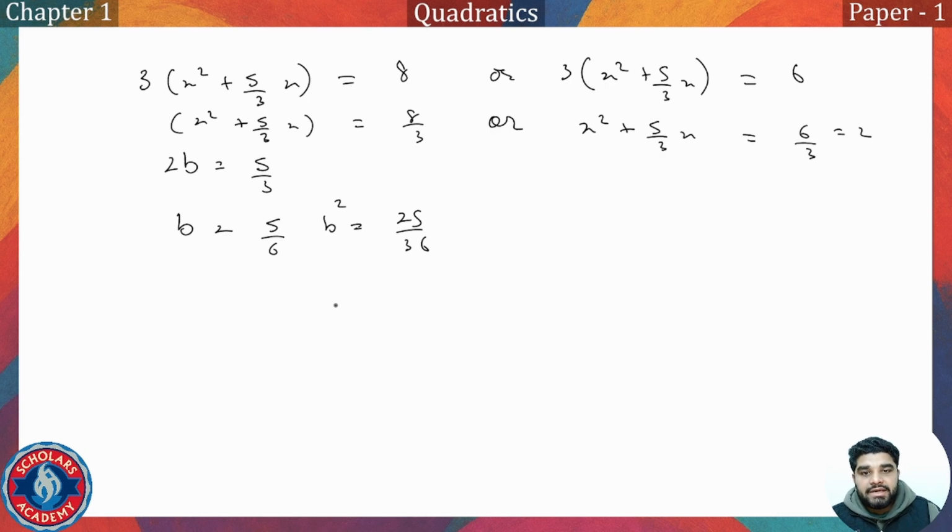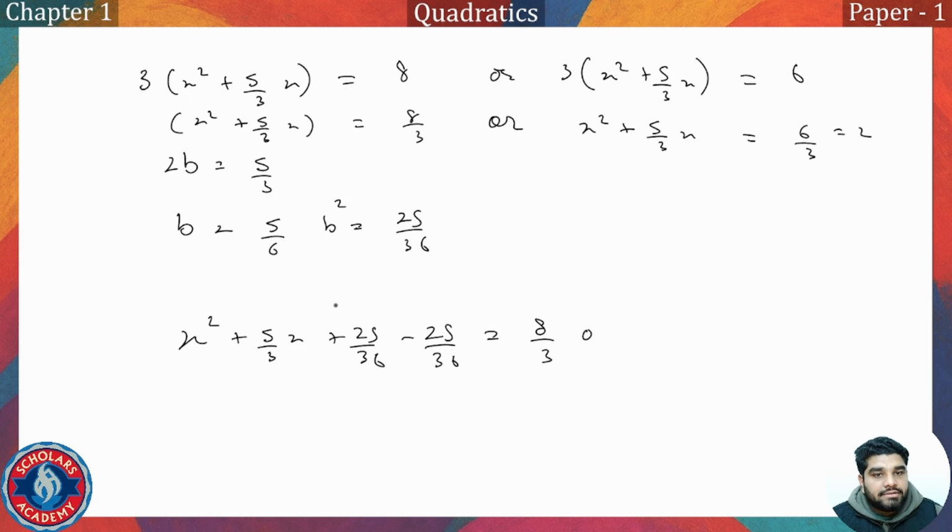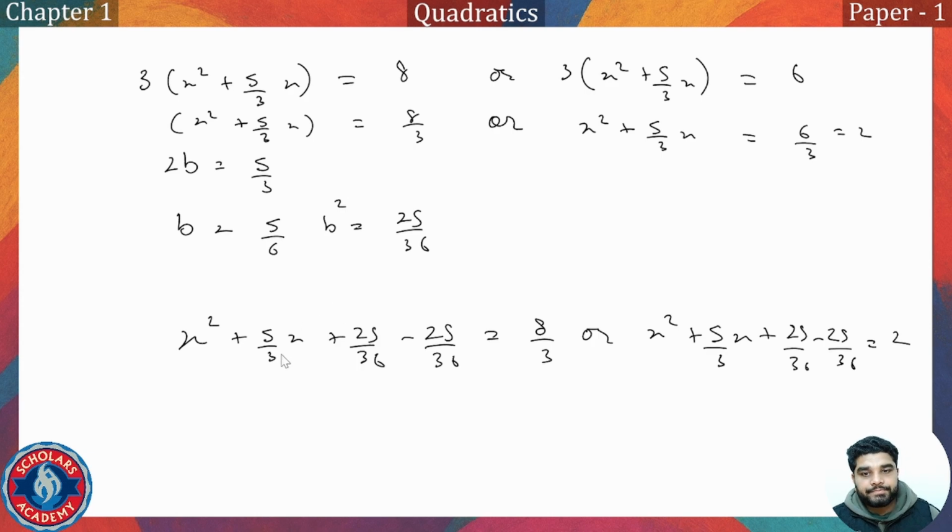So adding and subtracting 25/36: x² + 5/3 x + 25/36 − 25/36 = 8/3, or x² + 5/3 x + 25/36 − 25/36 = 2.